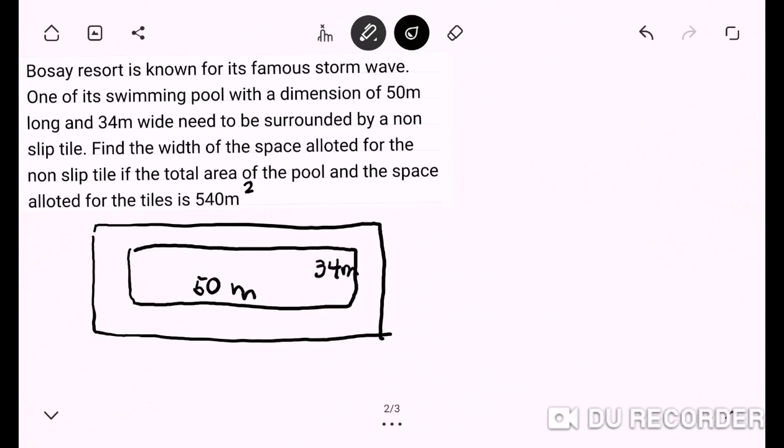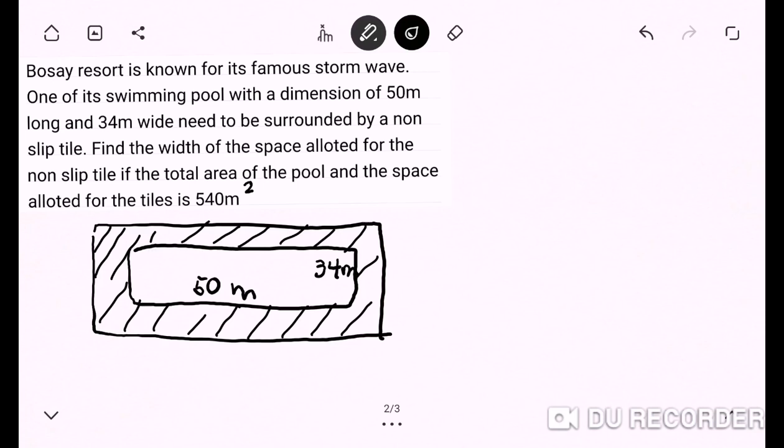So sabi sa problem, kailangang maglagay ng space. Ito yung mga space na yon allotted para sa non-slip tile. Ibig sabihin, ito yung space na paglalagyan ng mga tiles.